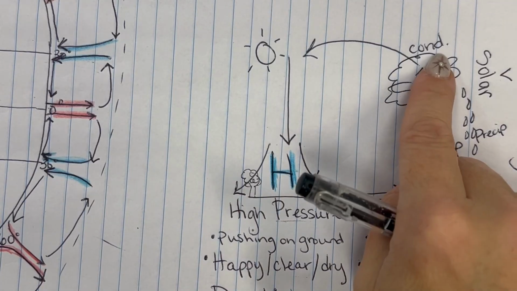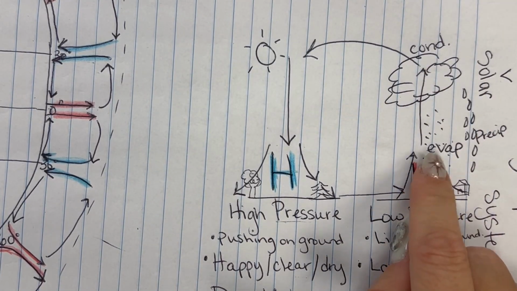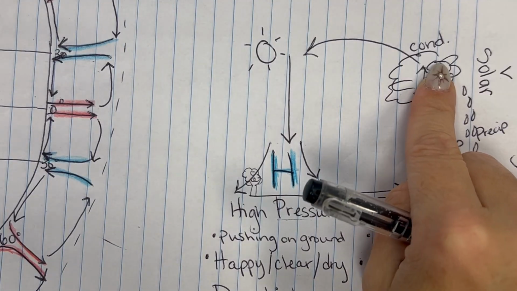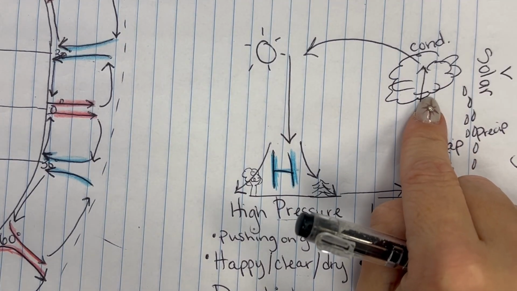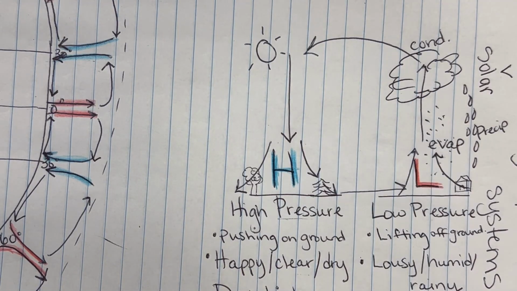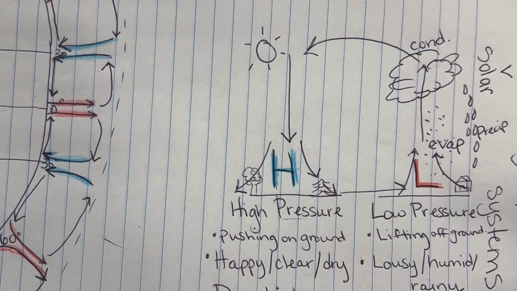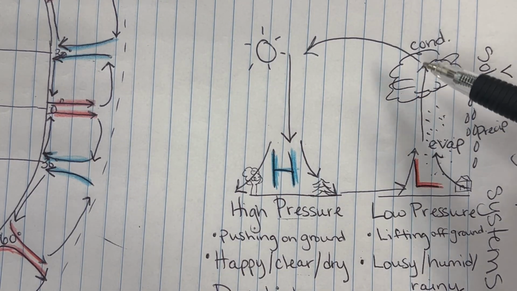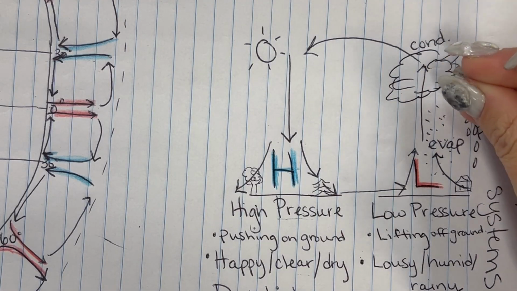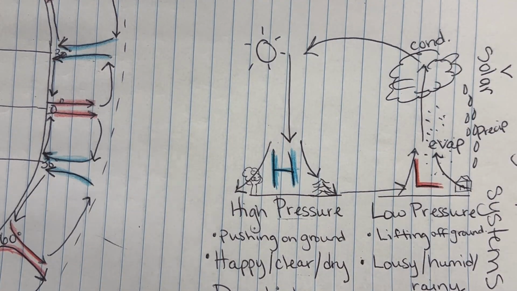Then as it cools, guess what? This is water vapor. Vapor is a gas. As that water vapor is lifting, we know in the troposphere the temperature decreases. As that temperature decreases, clouds start to form. Condensation. Cooling water vapor condenses into liquid water, and that's what clouds are. It's tiny droplets of liquid water suspended in the air.